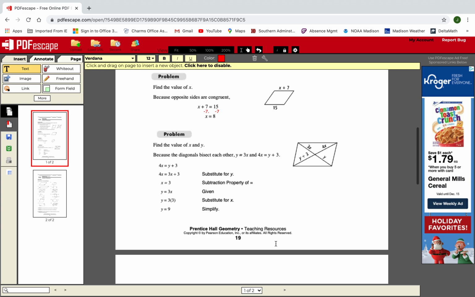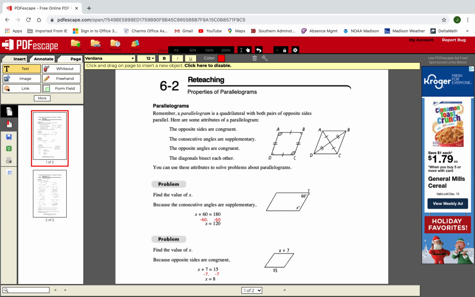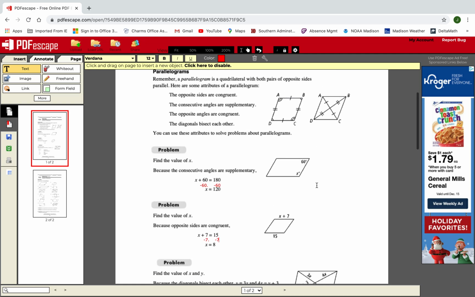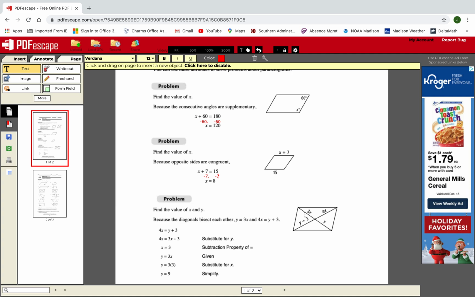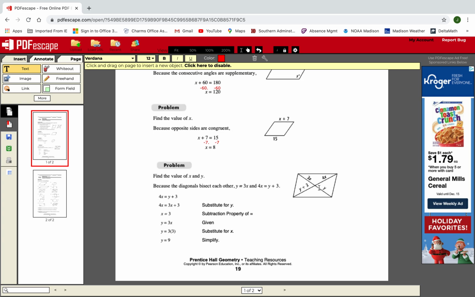All right, so this one wants you to find the value of x and y, and rolling back up here to the top, because this is showing diagonals. Diagonals bisect each other. They cut each other in half. So I can see the pieces of the diagonals here. This is because the diagonals bisect each other. That means that y equals 3x, and that means that 4x equals y plus 3.